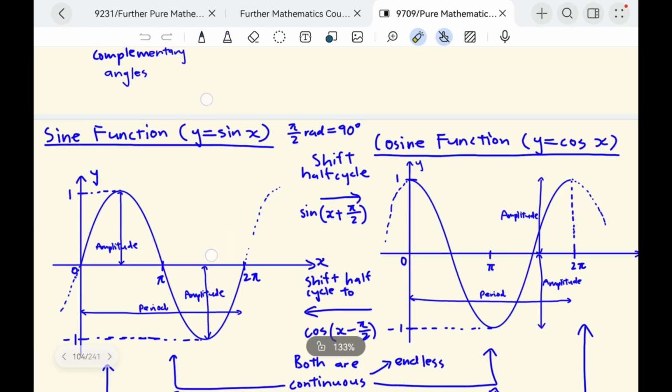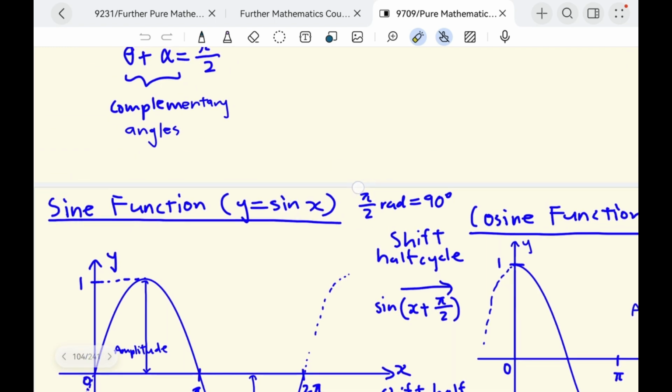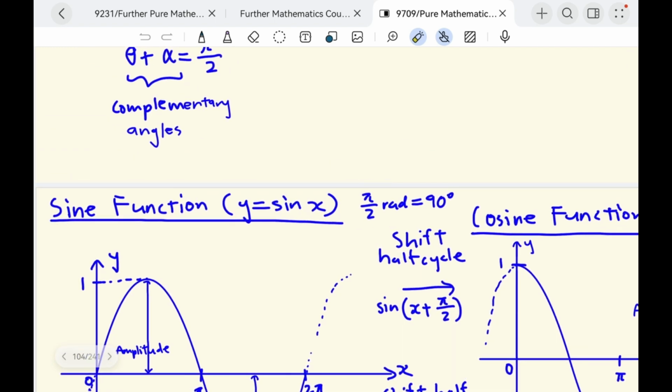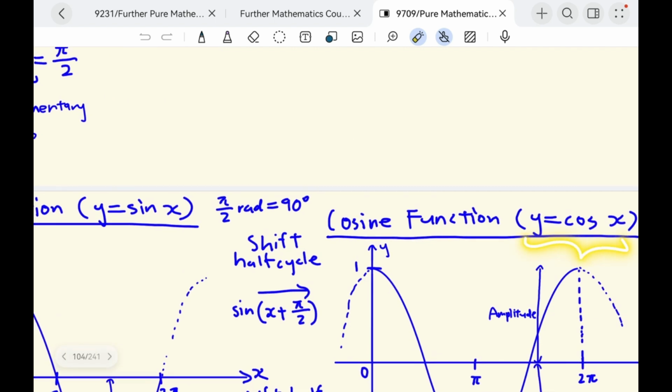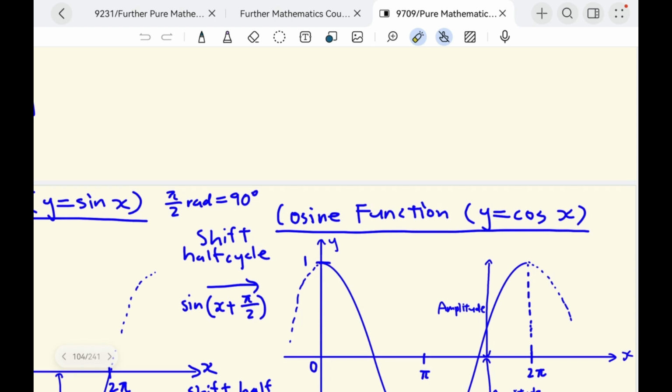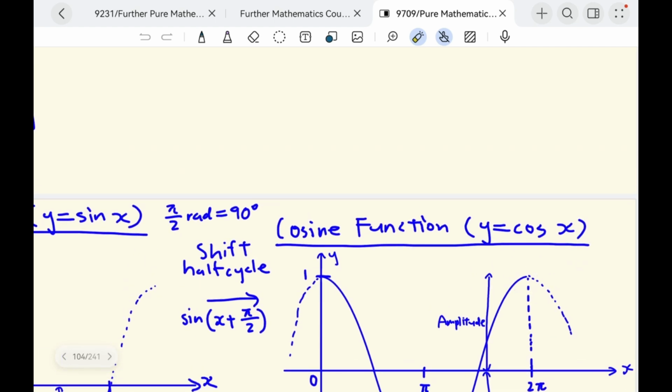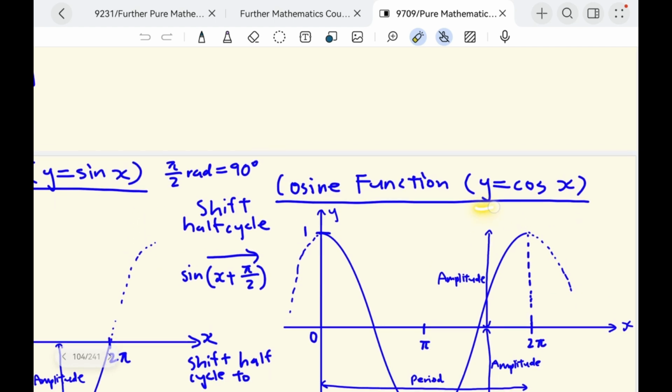So now, how to represent a sine function? Let's focus on an ordinary sine function and the cosine function, which is y equals sine x. Sine we write as sin with an x inside. Meanwhile, for the cosine function, which is y equals cosine x, usually we pronounce it as cos x.